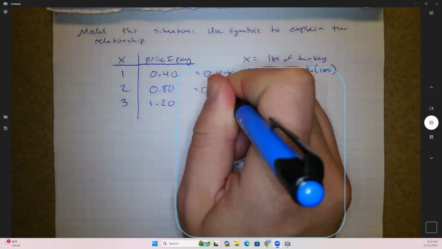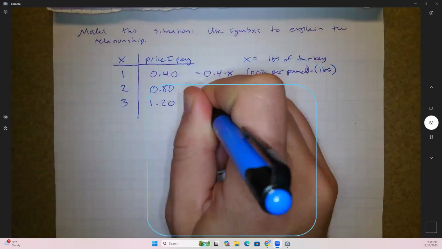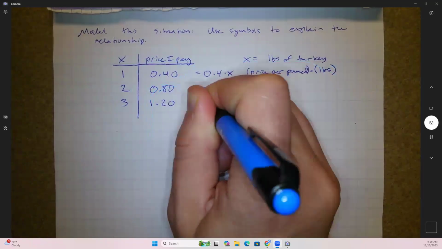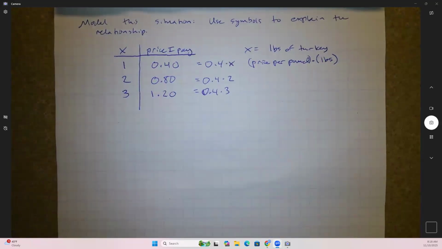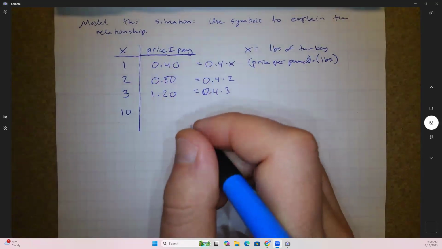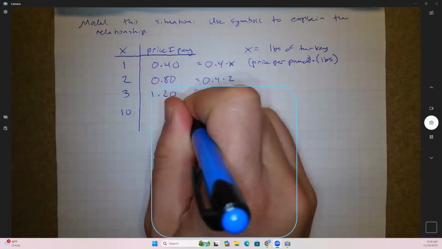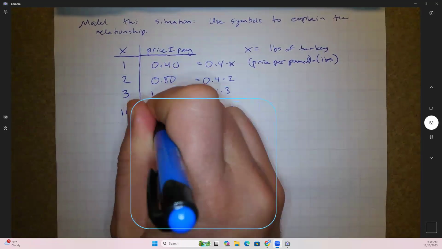Because 0.8 is 0.4 times 2, and 1.2 is 0.4 times 3. Let me do a little intuition check. If I have a 10-pound turkey, that should be 0.4 times 10. So that should be $4.